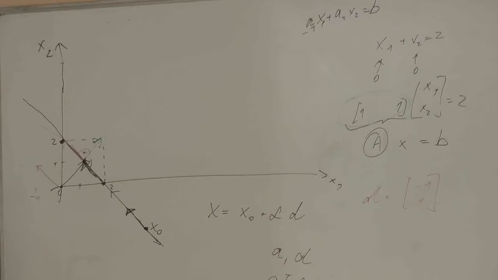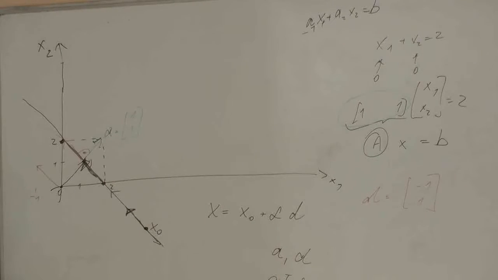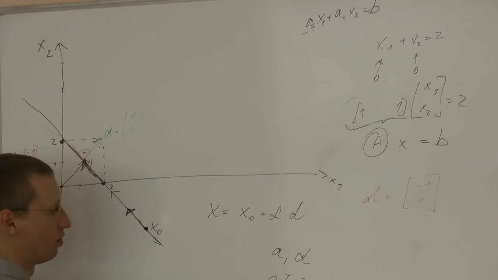Does it hold in our case? A is green, and A is 1, 1. Red is the direction, so that's D, and that's minus 1, 1. So when we multiply that, we get 1, 1 times minus 1, 1, and that's trivially 0.